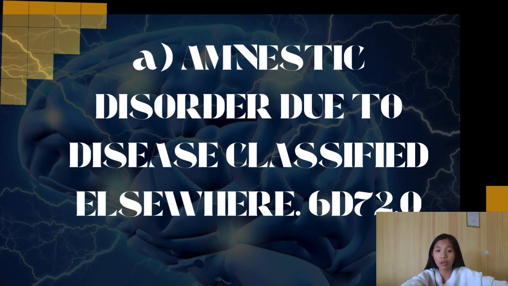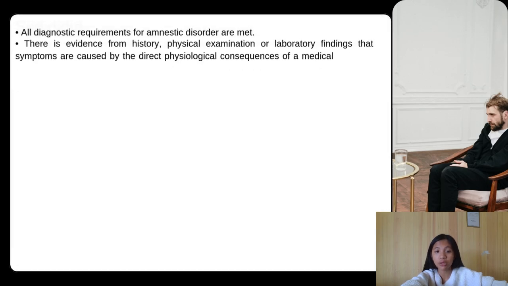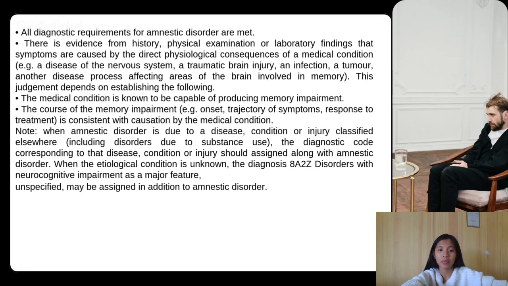So, first let's start with amnestic disorder due to disease classified elsewhere. Let's try to understand this by first going through its diagnostic criteria. Number one, all the diagnostic requirements for amnestic disorder are met.